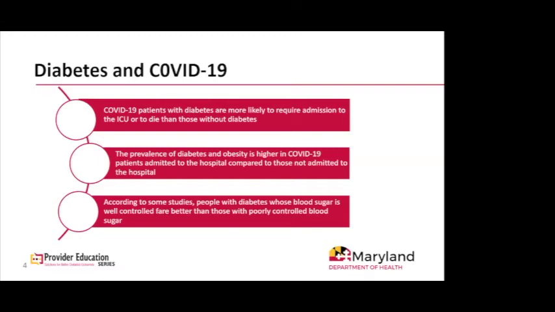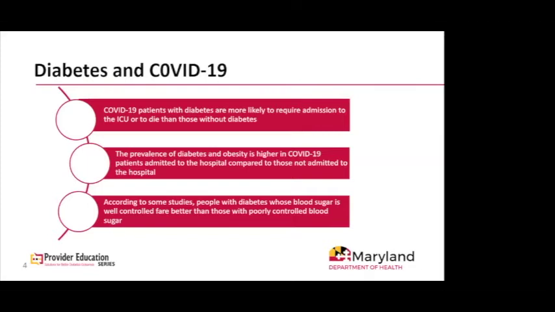The prevalence of diabetes and obesity, not just diabetes, but also obesity, is higher in COVID patients admitted to the hospital compared to those not admitted to the hospital. Lots of the research with COVID is very new, but there is some evidence that it's not just having diabetes or being obese.